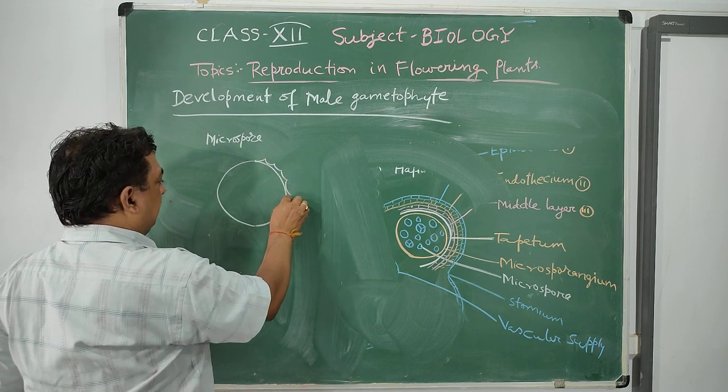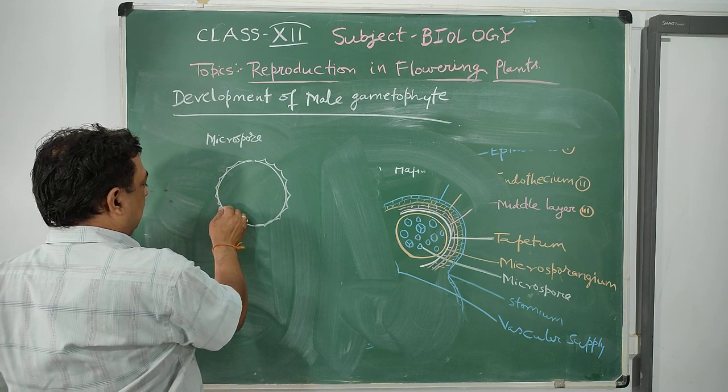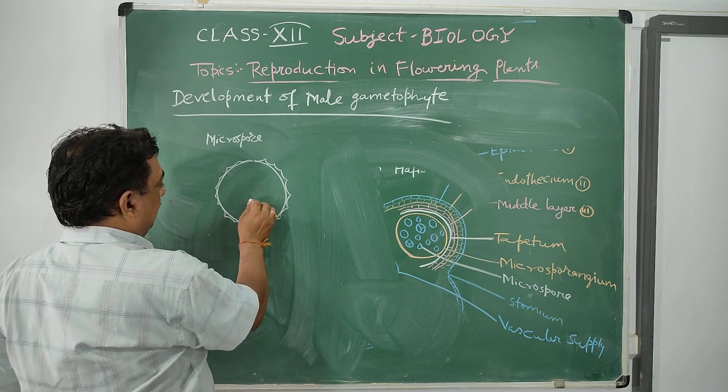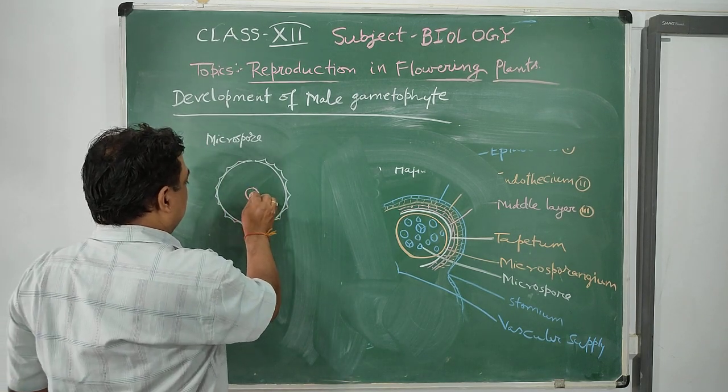The pollen grain is uninucleate. This is a nucleus.